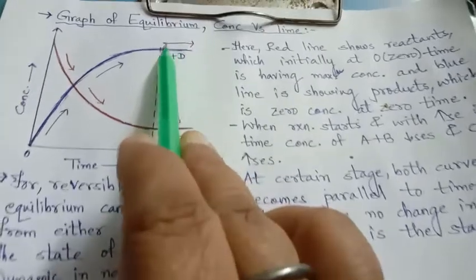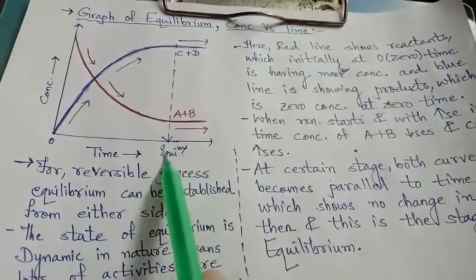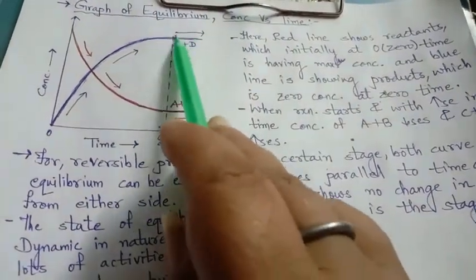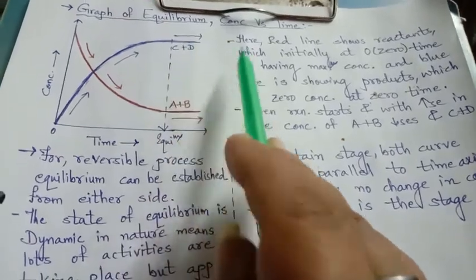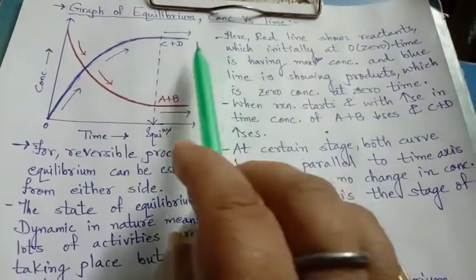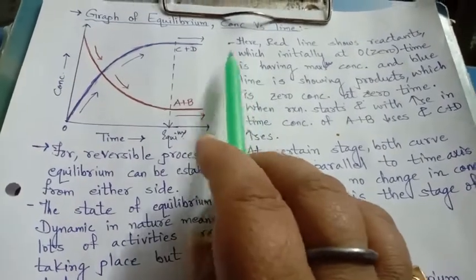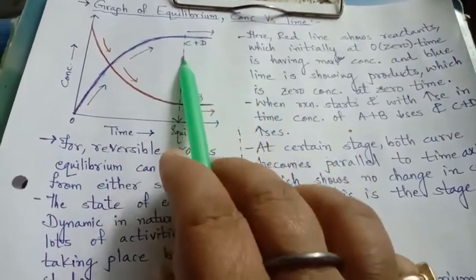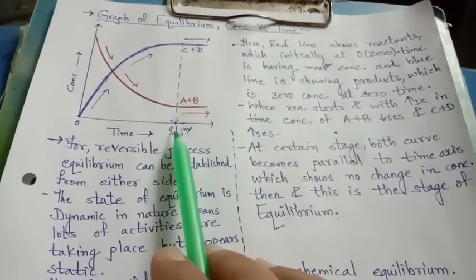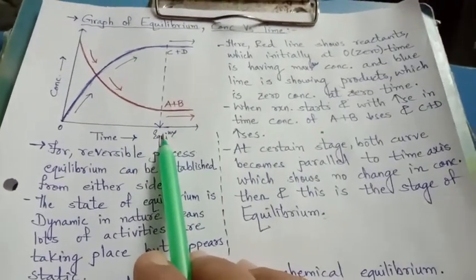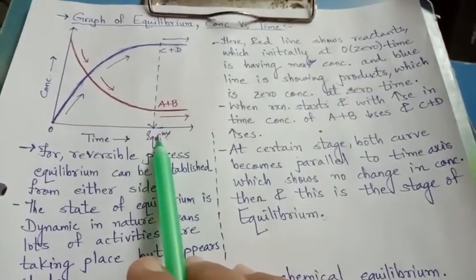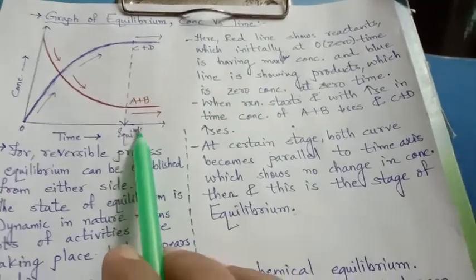See, it is parallel to this time axis. From this point onwards, both are parallel to the time axis. That means there is no change in concentration now. This particular point is termed the equilibrium establishment or equilibrium attainment point, right?